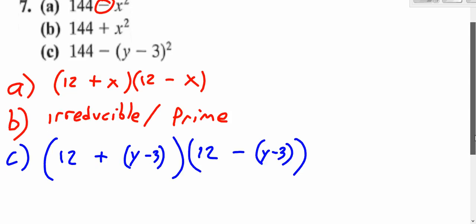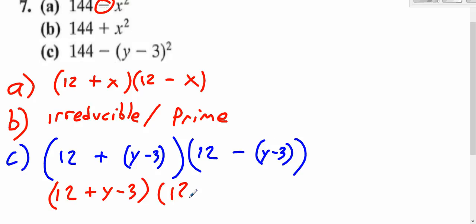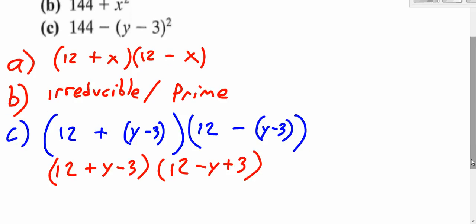But parentheses inside parentheses is not simplified. You need to simplify that a little bit. So you have to distribute whatever's out front, which really means you're just distributing a positive, so that's nothing. Distribute the negative, that does a little something. And now we've got like terms.